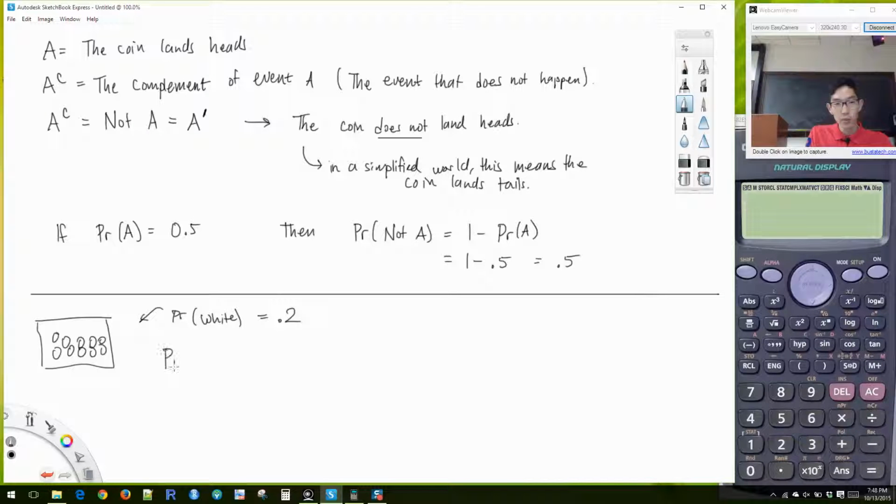So then what would be the probability of selecting something that is not white? 0.8, right? We do 1 minus 0.2 and we get 0.8. Okay with everybody? Yes? All right.